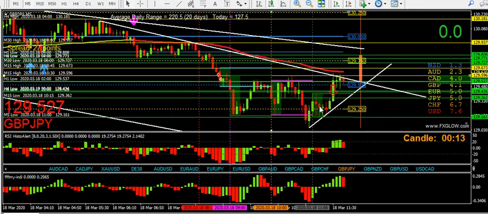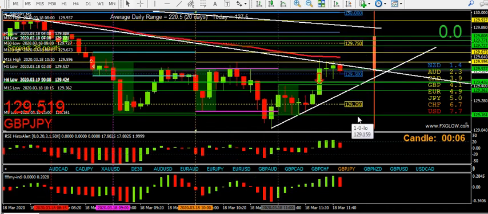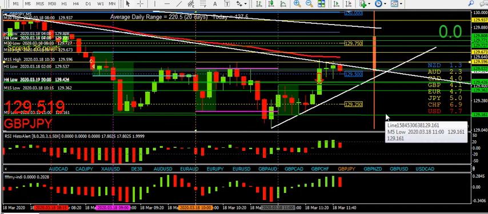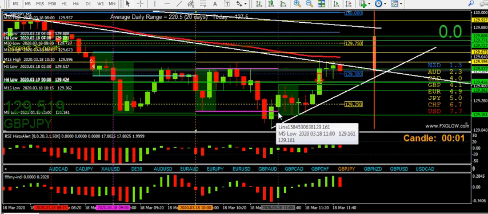I was waiting to enter a trade to get a short here, and the reason we've got this line here is it's the M5 low, which is that candle there.